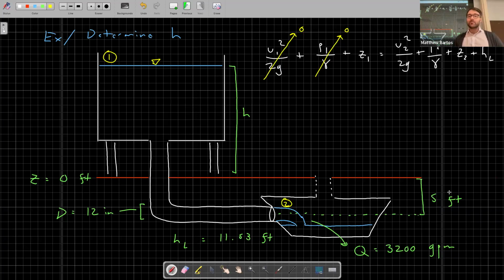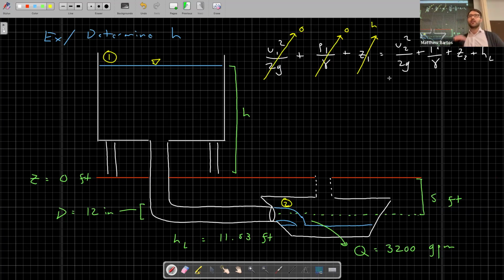Let's set our elevation datum at the ground surface. So what will Z1 become? H, right? So Z1 will be H. We're using our datum at the ground elevation. Okay, so at the exit of the pipe, what about the velocity head?